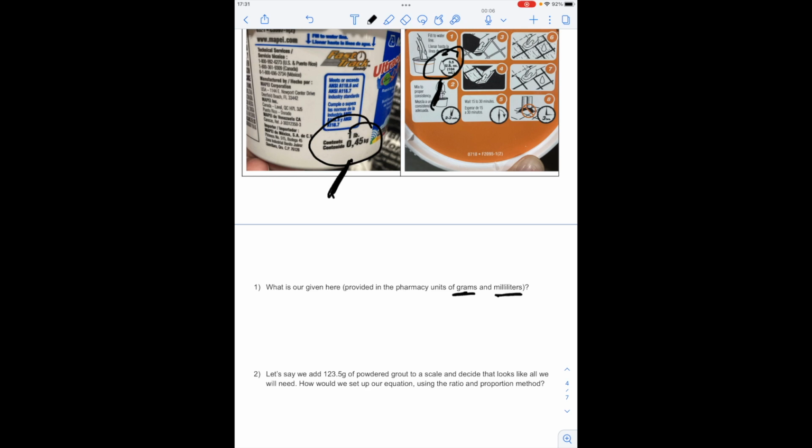Here, we're given kilograms. We want to find it in grams. So I'm going to do a metric conversion first. King Henry died by drinking chocolate milk. Here we're going from kilo to our base unit. So 1, 2, 3 to the right. I'm going to move my decimal point 3 to the right. 1, 2, 3.